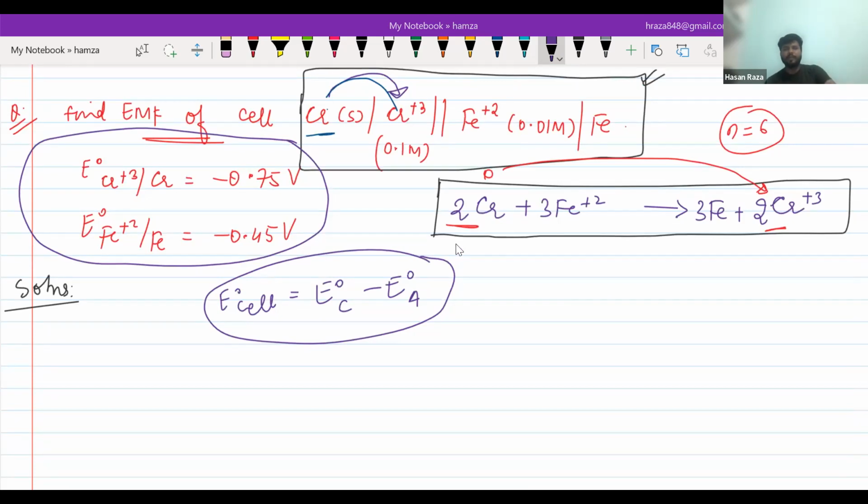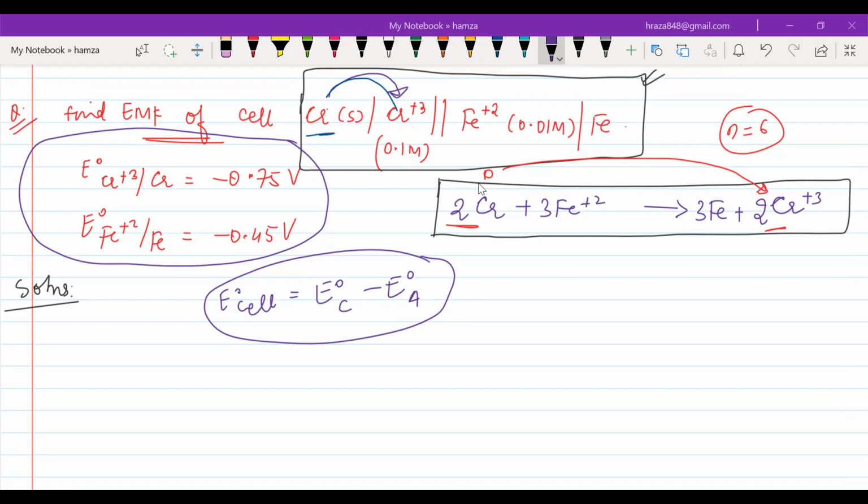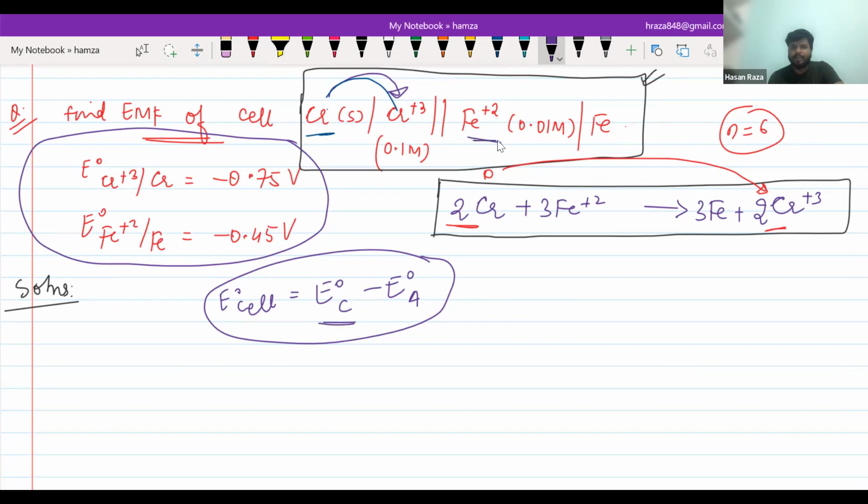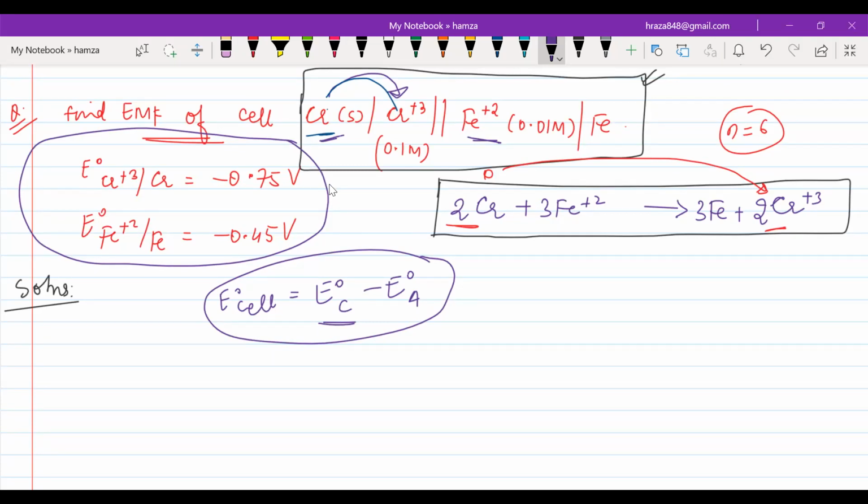Hamza, what is the value of E naught cell? 0.75 minus 0.45. E naught cell, which one is cathode? Iron is on cathode or chromium? It's 0.3. Iron is on cathode.